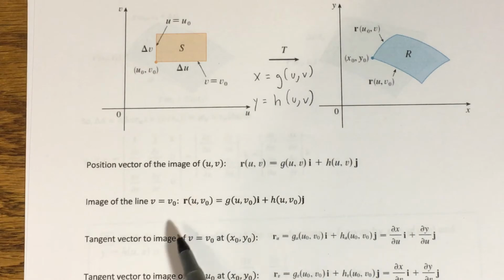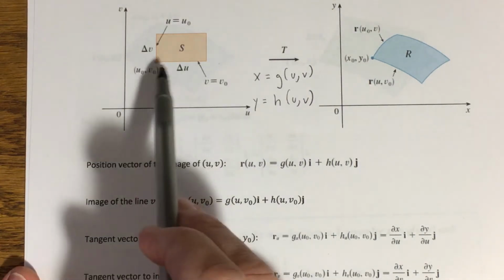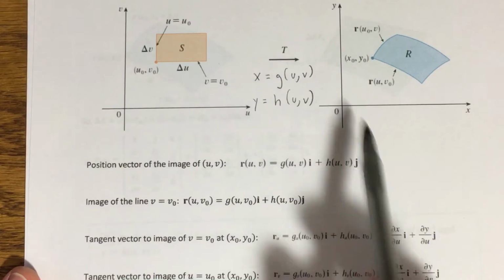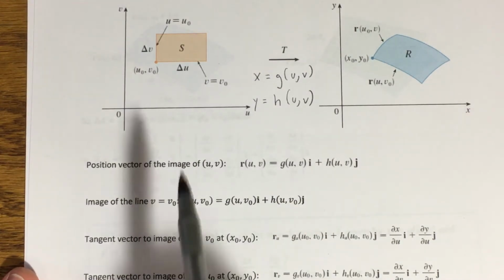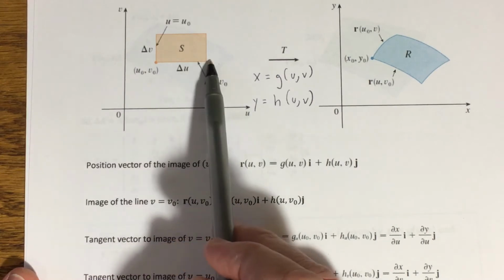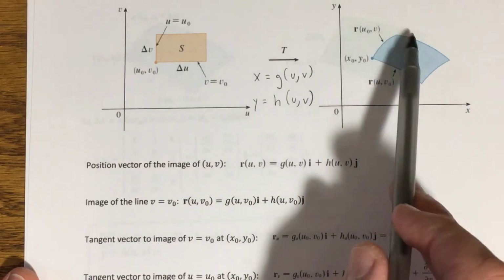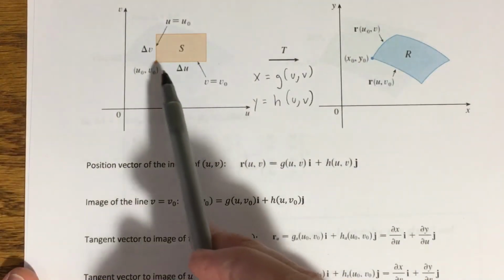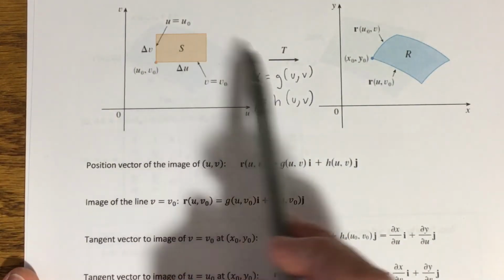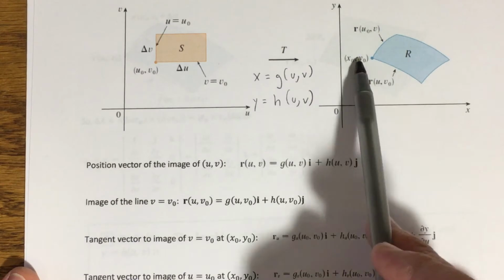So that means if I wanted to find a tangent vector to the image of this line, and just to be careful about paying attention to which region we're talking about, this is the image of the line v equals v naught. So if this is v equals v naught, its image is one of the edges in this region R. We mentioned in a previous video that the boundary of this region will map to the boundary of this region.